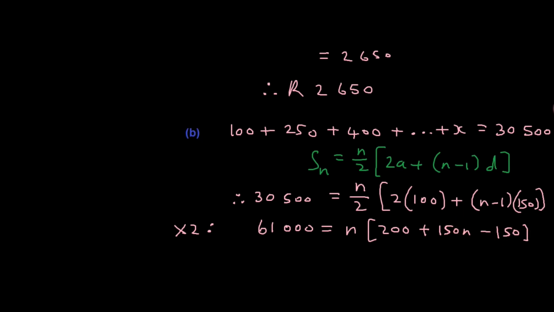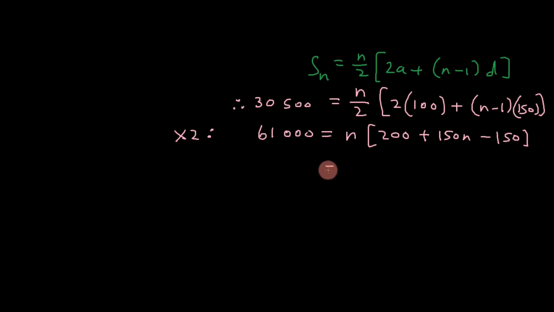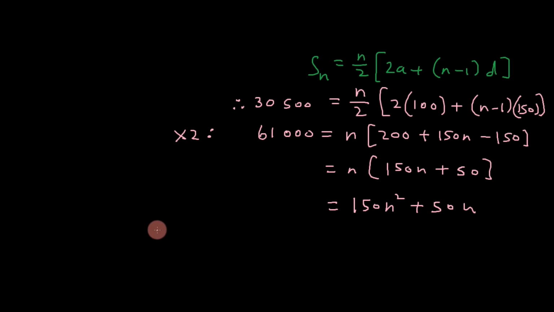Then simplifying inside the square brackets, and multiplying the n into the square brackets, we can bring all the terms to one side.